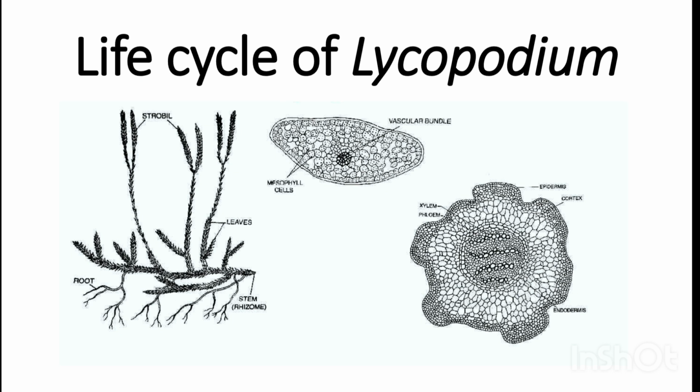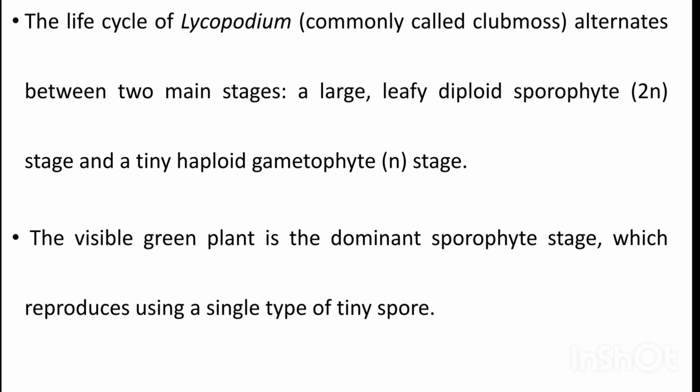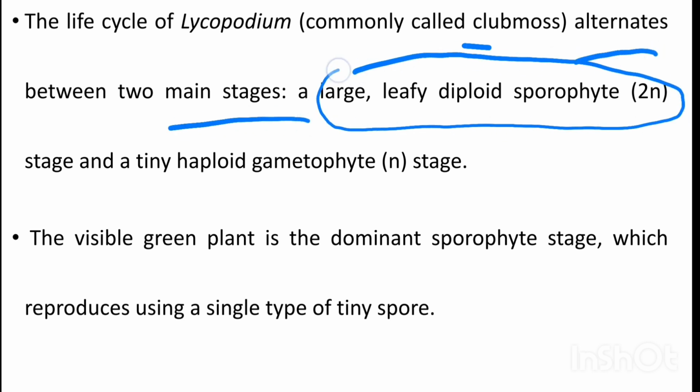In this video we will discuss the life cycle of Lycopodium. Lycopodium, or club moss, is commonly known as club moss, and the whole life cycle alternates between two main stages: a leafy diploid sporophyte phase and a tiny haploid gametophyte phase.